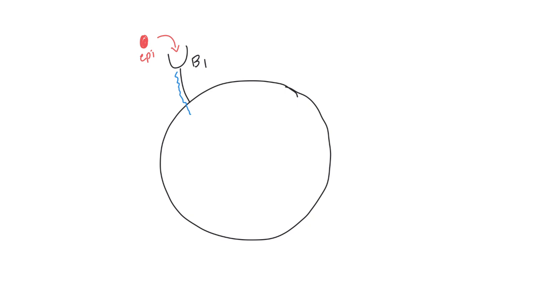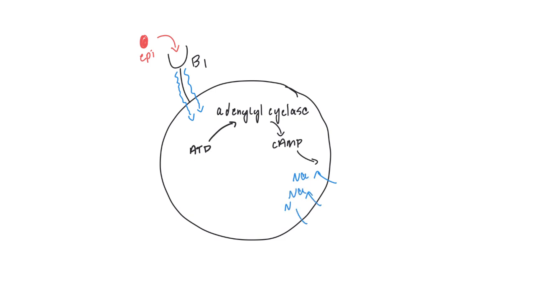Because of that binding, the receptor is going to send a signal down into the cell to activate our enzyme, which is, of course, adenylyl cyclase. And adenylyl cyclase makes ATP turn into something called cyclic AMP. And cyclic AMP has the impact of making sodium rush in a lot more quickly than it otherwise would.